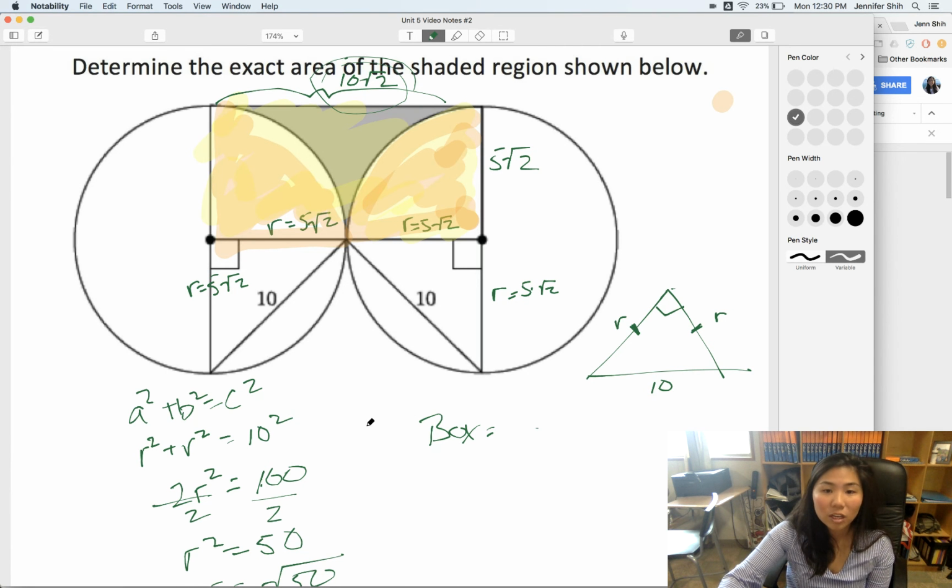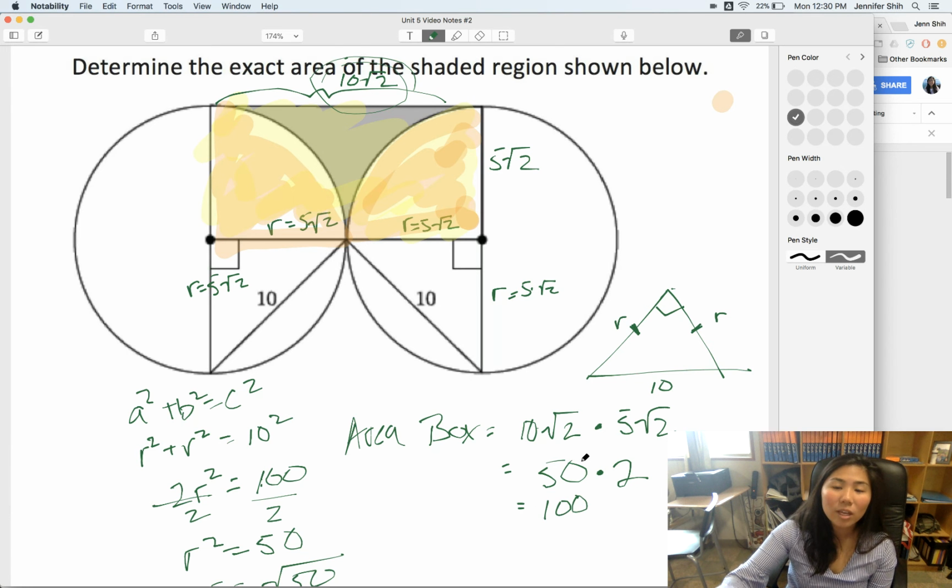Okay, so the area of the box is 10 root 2 length times the width, 5 root 2. So this is 50 times 2. Root 2 times root 2 is 2.